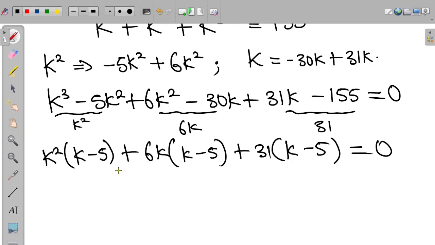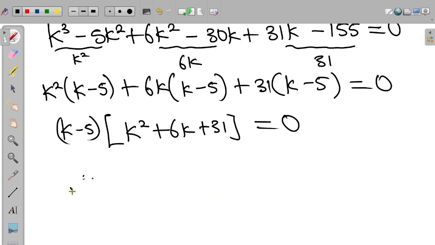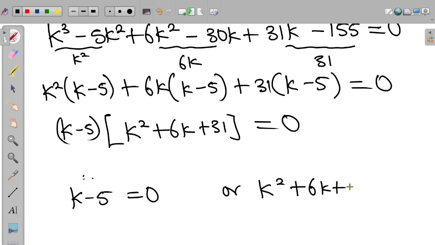Now, since k minus 5 is common, we can factor it out. So we have k minus 5, open a bracket, k squared plus 6k plus 31 equal to 0. So therefore, k minus 5 is equal to 0, or k squared plus 6k plus 31 is equal to 0.